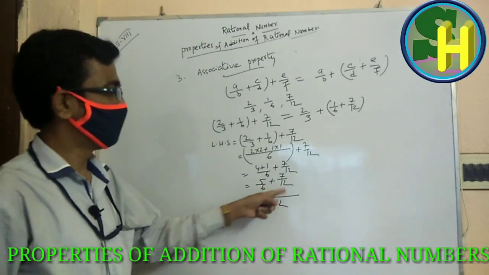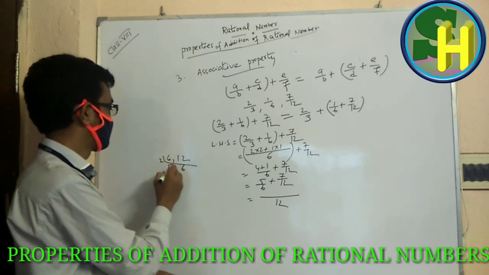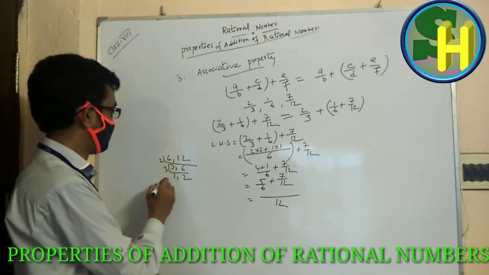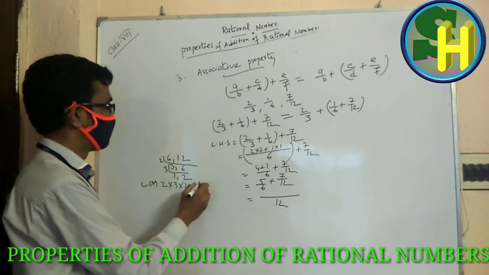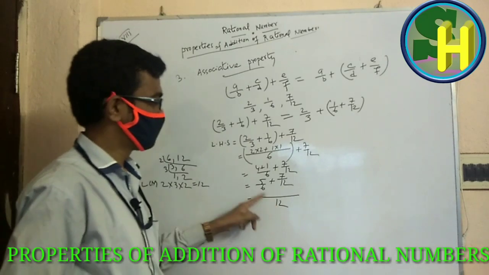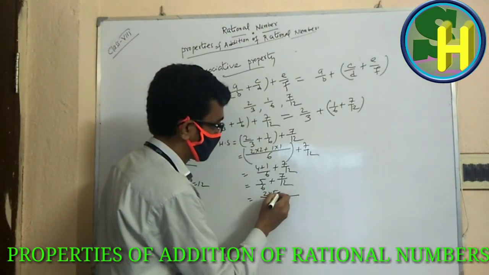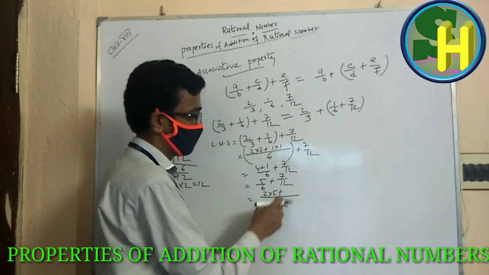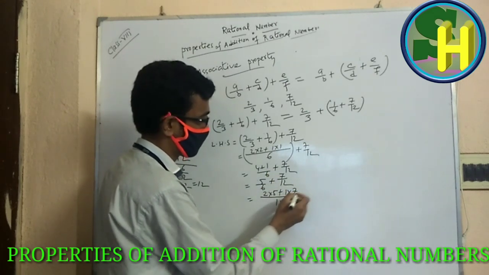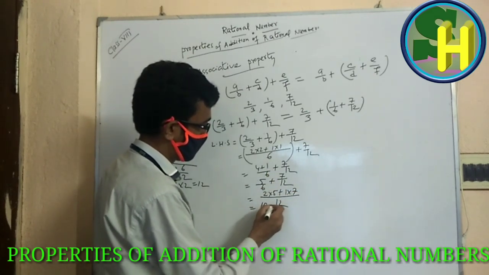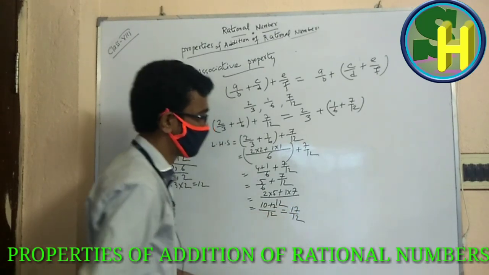LCM of 6 and 12 is 12. So 12 divided by 6, that is 2, 2 multiplied by this numerator, plus 12 divided by this 12, that is 1, and multiply by the numerator. That is 10 plus 7 by 12. This is 17 by 12.